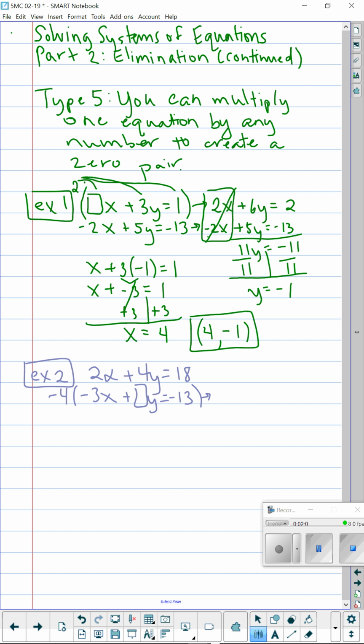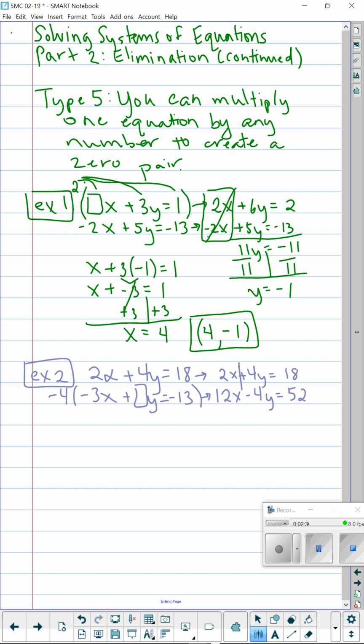So when we multiply the second equation by negative 4, then this becomes 12x minus 4y equals negative 13 times negative 4 is 52. And then, of course, the first equation stays the same. So 2x plus 4y equals 18.